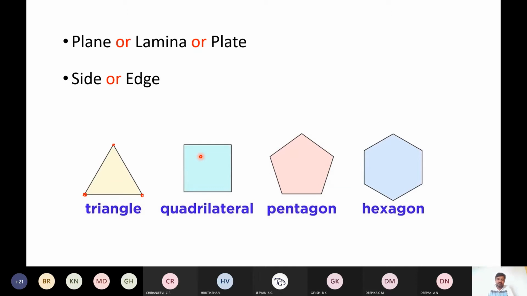If we keep, for example, a triangular lamina parallel to the vertical plane, the front view will have the true shape, so we are able to represent it as a triangle in its true shape. If we keep the triangular lamina parallel to the horizontal plane, we are able to represent the true shape of the triangle in the top view.